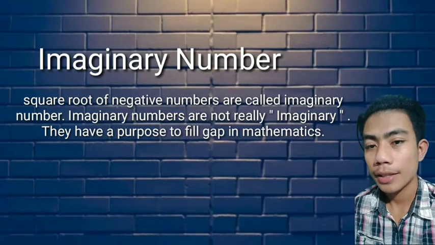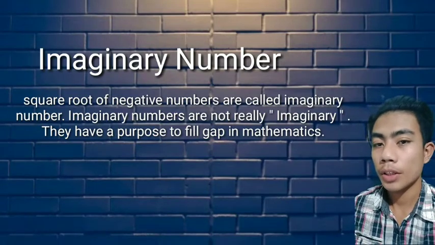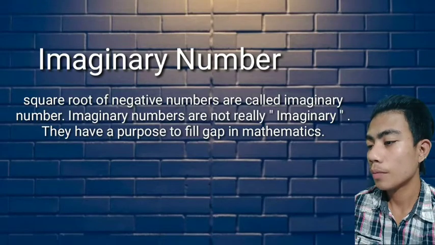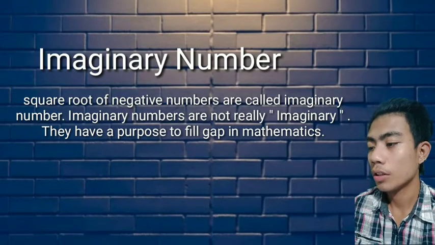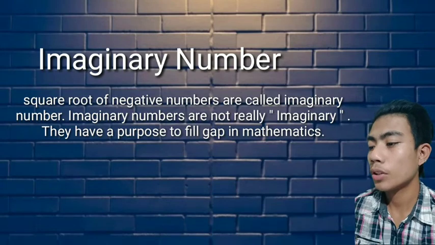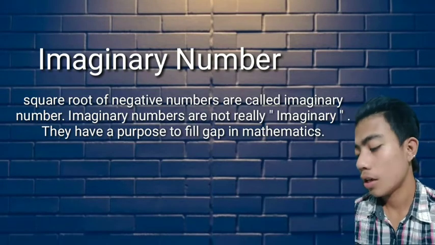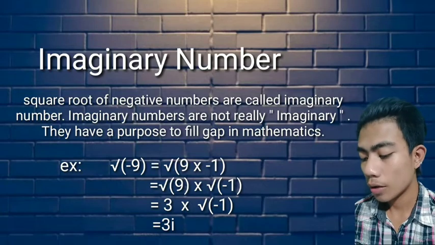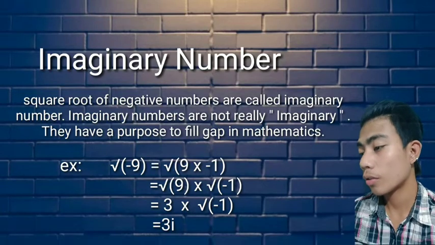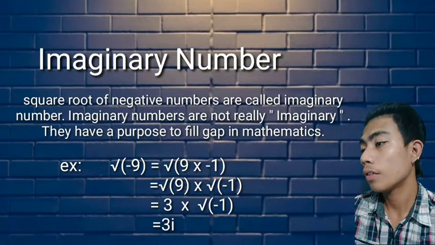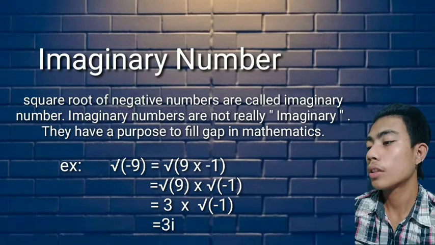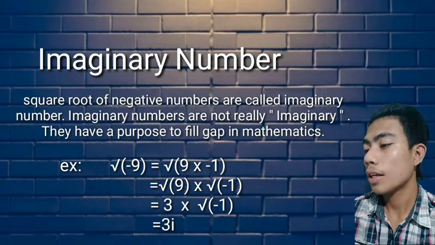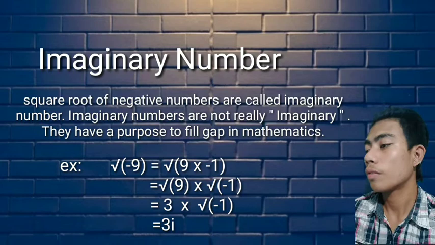Next we have the imaginary numbers. Square roots of negative numbers are called imaginary numbers. Imaginary numbers are not really imaginary. They have a purpose: to fill a gap in mathematics. For example, the square root of negative 9 is equal to the square root of 9 times negative 1, which equals the square root of 9 times the square root of negative 1, which is 3 times the square root of negative 1.